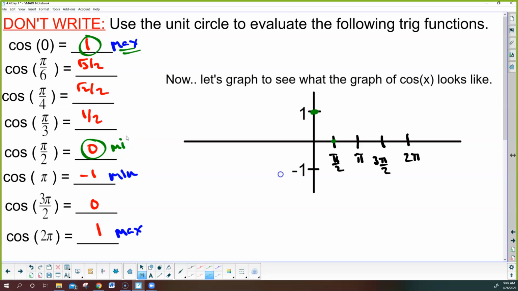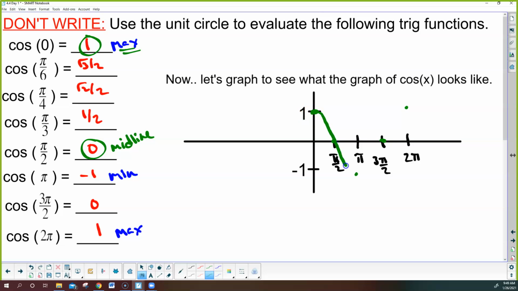We're going to call that my midline, and I'll show you that in a second when I get done graphing this. So I go from the max to the midline, and then at cosine of pi, I'm down here at -1. And then I go right back to the midline again at 3 pi over 2, and then we're back to the maximum. Notice that is considered one cycle or one period.